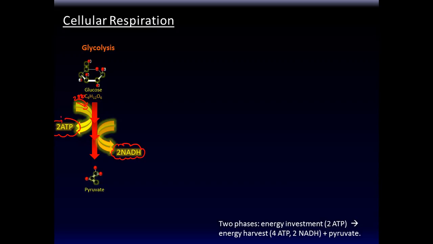So there's a net of 2 ATPs generated. The initial part of glycolysis, the first 5 reactions, actually require energy. And then the second half of glycolysis generates energy. So 4 ATPs are generated, but it's a net of 2 ATPs.